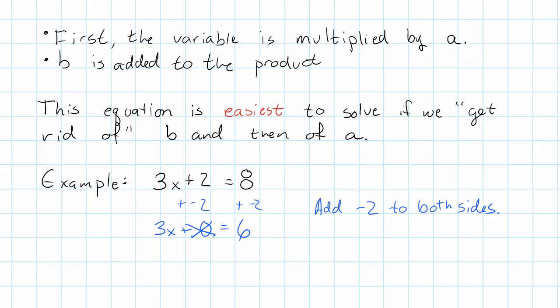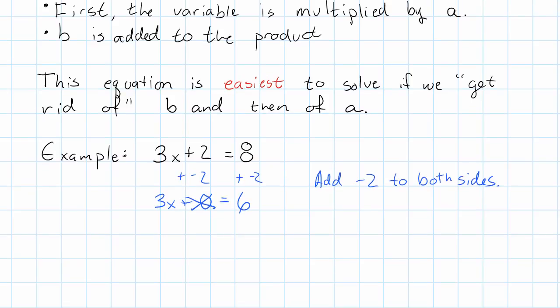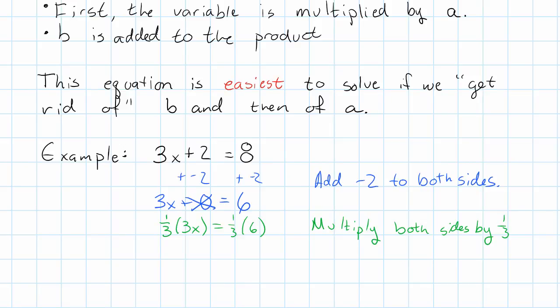Okay. Now I want to get rid of the 3. In order to get rid of the 3, I want to multiply both sides by something. By what? The multiplicative inverse of 3, so 1/3. So 1/3 times 3 is just 1.